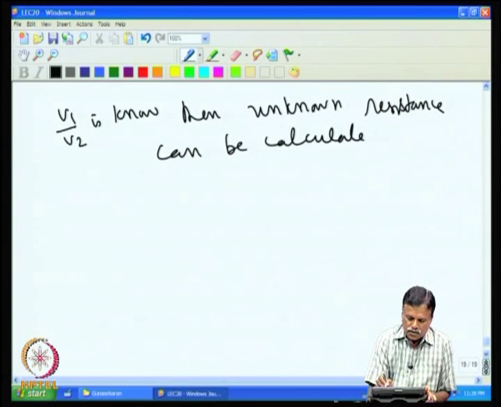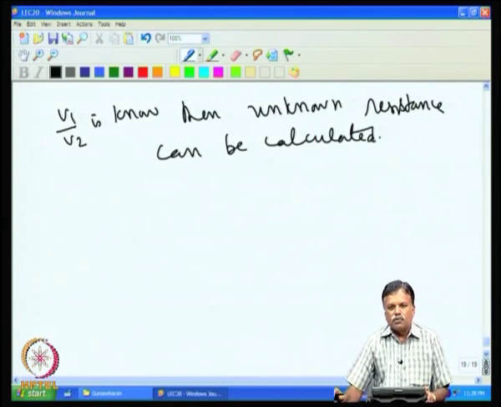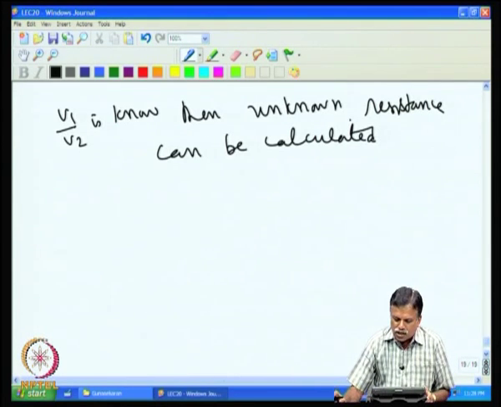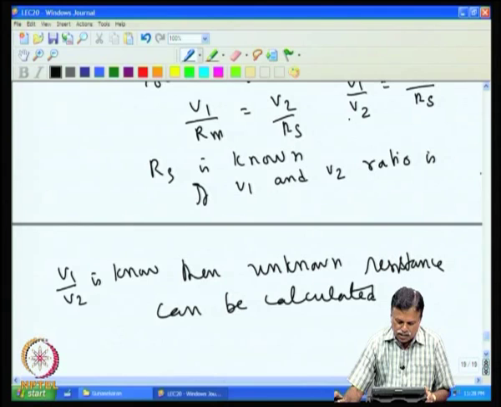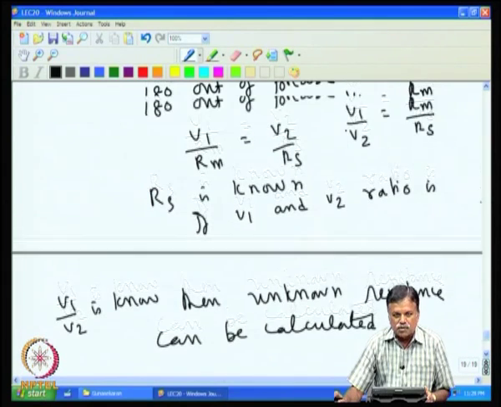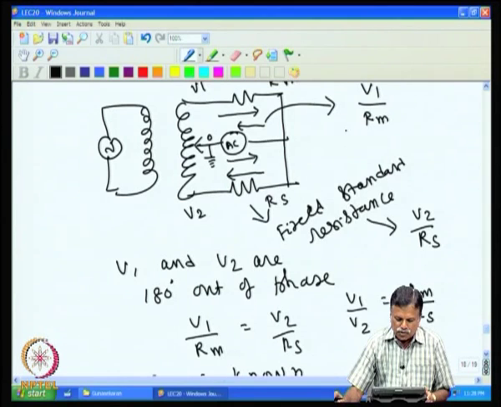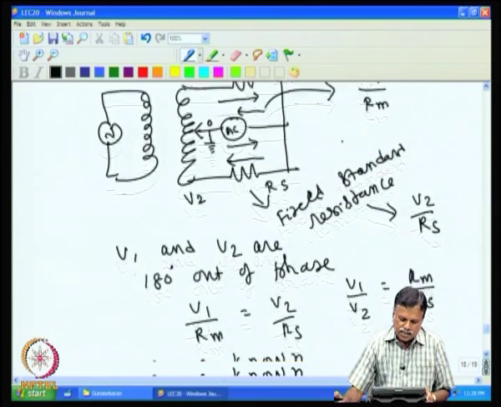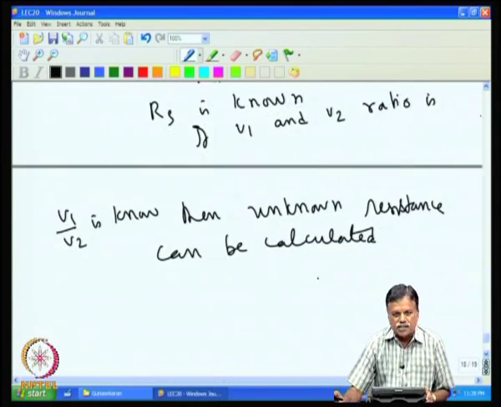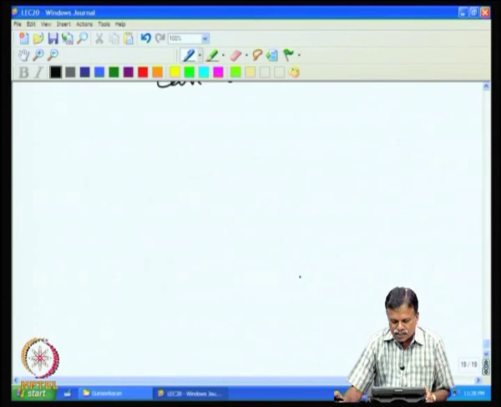Now that is how it is working, but then the question is, why it is very popular and why it is especially good for measuring high resistance values. Now, the beauty of the bridge is about leakage resistances, because when you are dealing with high resistance there will be leakage.